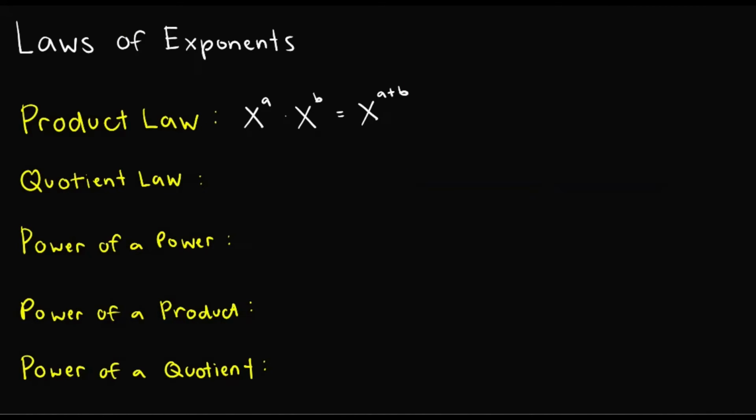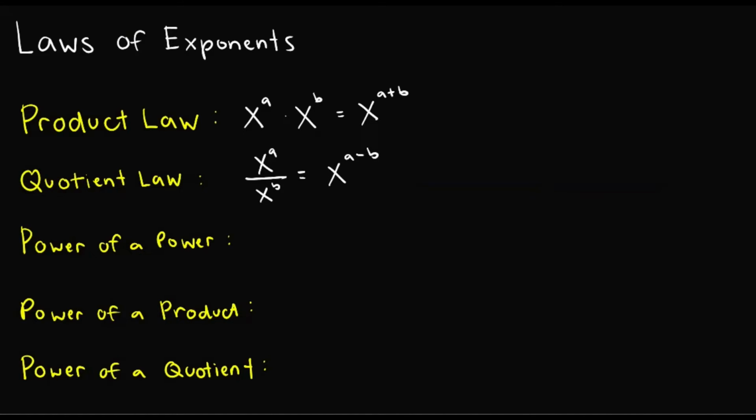Now for the quotient law, similar to the product law, we have x raised to a all over x raised to b, and this one is simply x raised to a minus b.